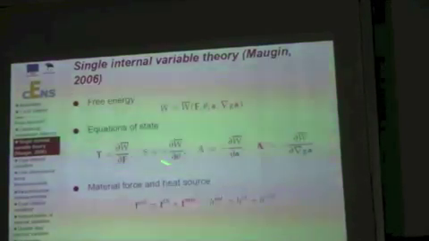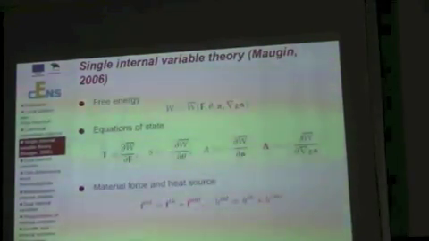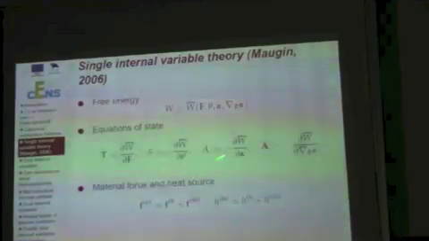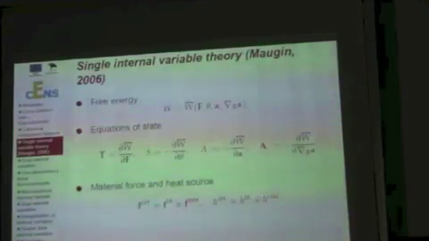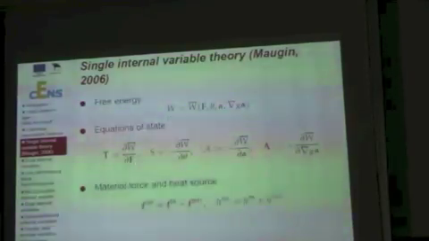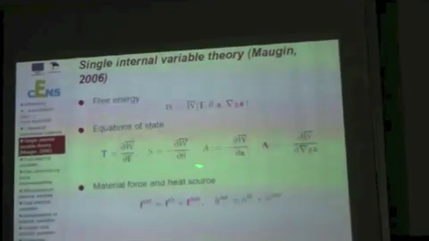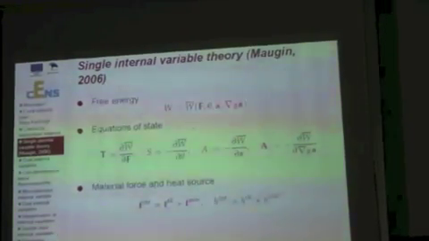So then we can define the equations of state. This is the first Piola-Kirchhoff tensor, entropy, and this is some kind of internal forces. There are no really established names for these quantities.